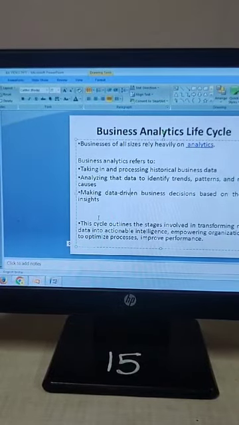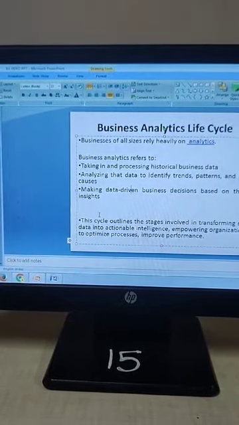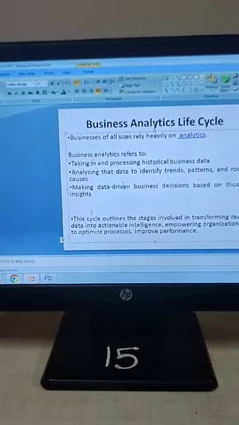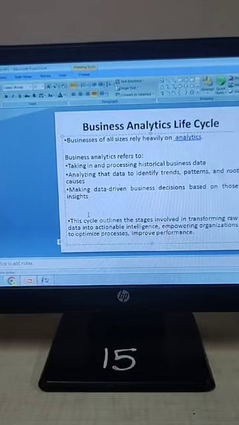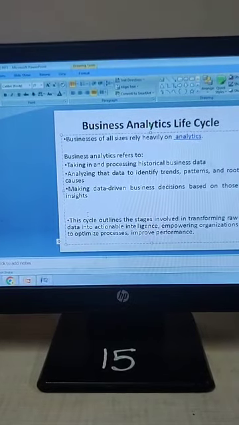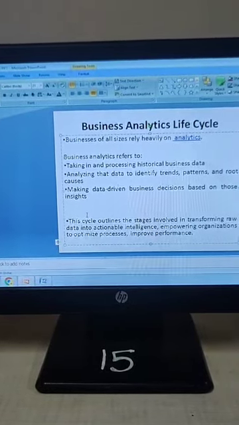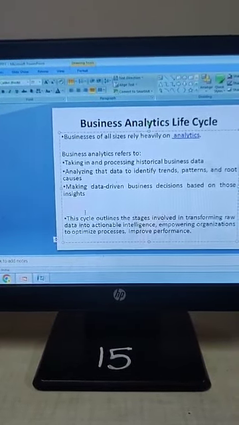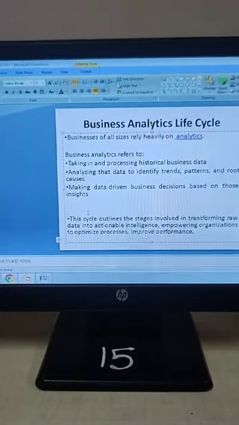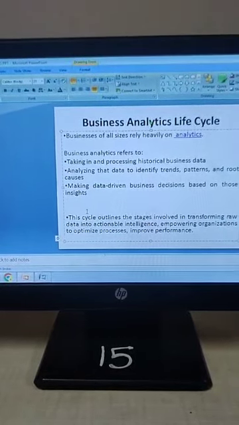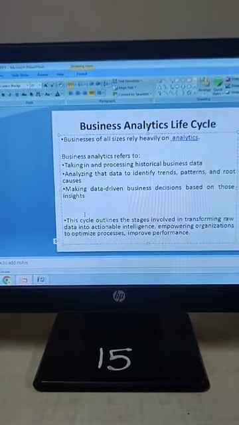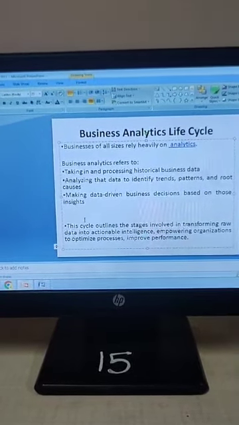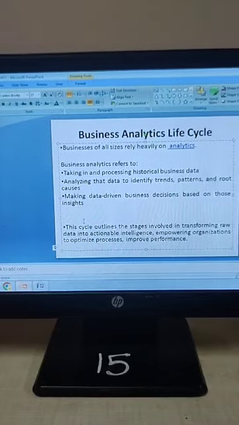Simply, you need to identify that business analytics is a subset of business intelligence. Business intelligence is exactly for doing current business operations, whereas business analytics is for making current and future business operations. This is the actual difference between business intelligence and business analytics.